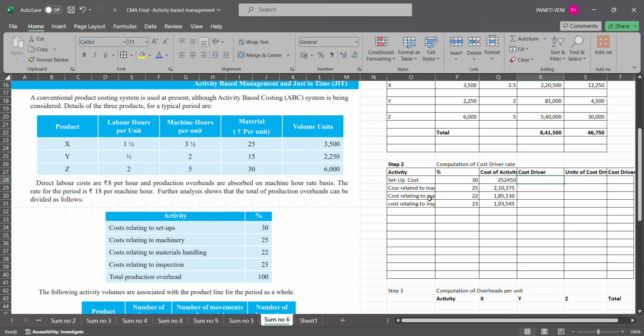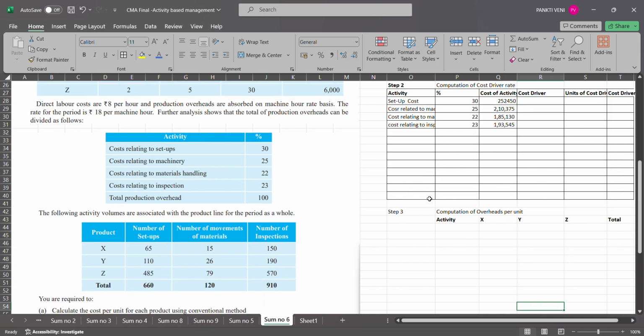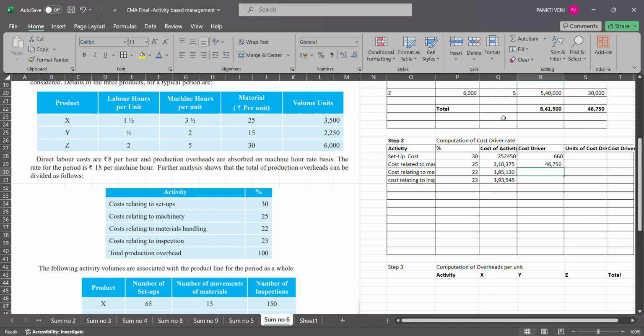Now I have the cost driver. The cost driver details are also given to me here; go through the last table of the question. That is 660, the total number of setups. Then cost related to machine: I'll go for total machine hours, which we have calculated here.